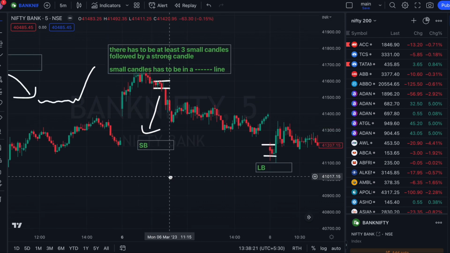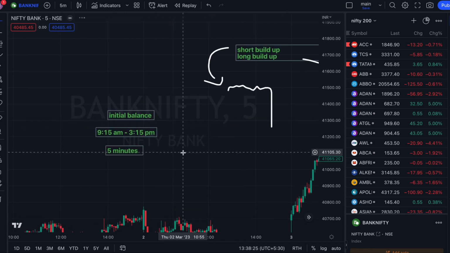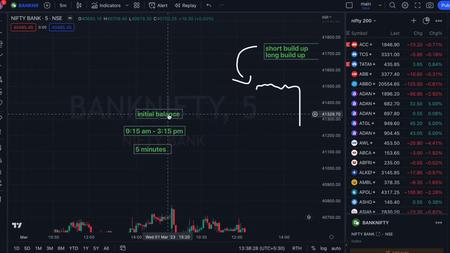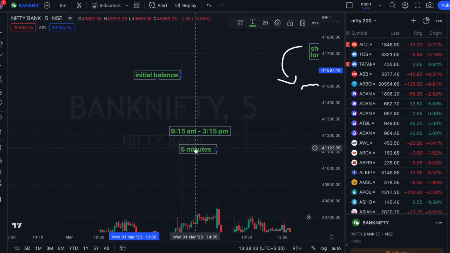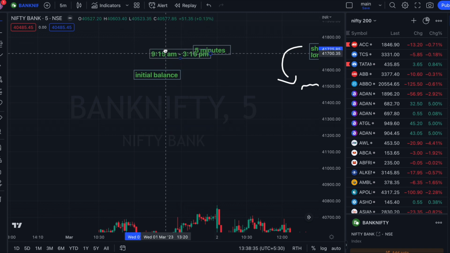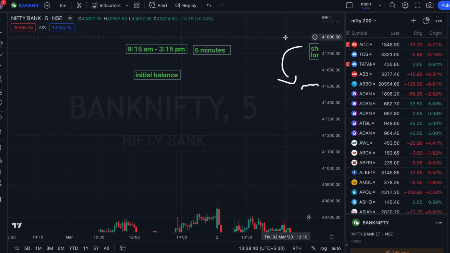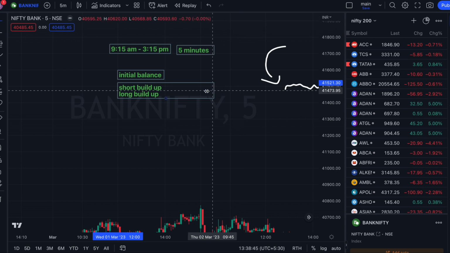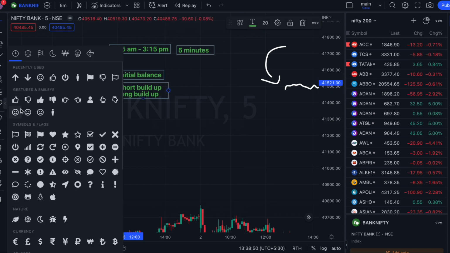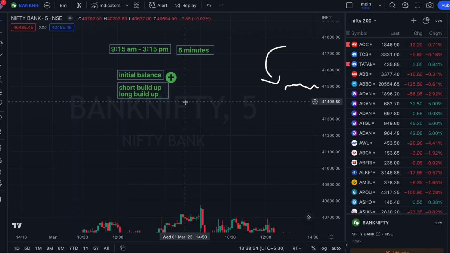Now this logic of short and long build-up, we need to combine with initial balance. So now we know what a short and a long build-up is, right? Now we have to combine both short and long build-ups with initial balance.